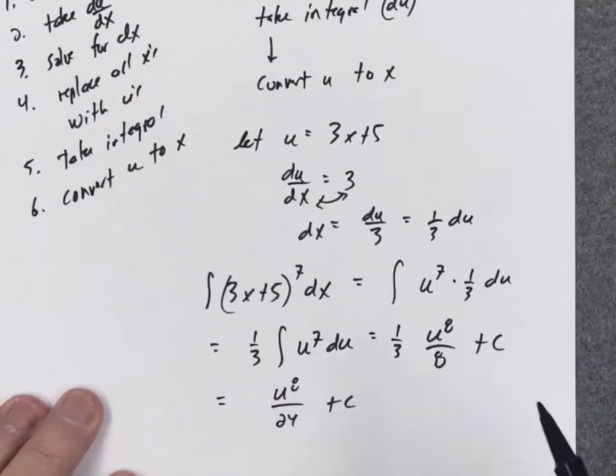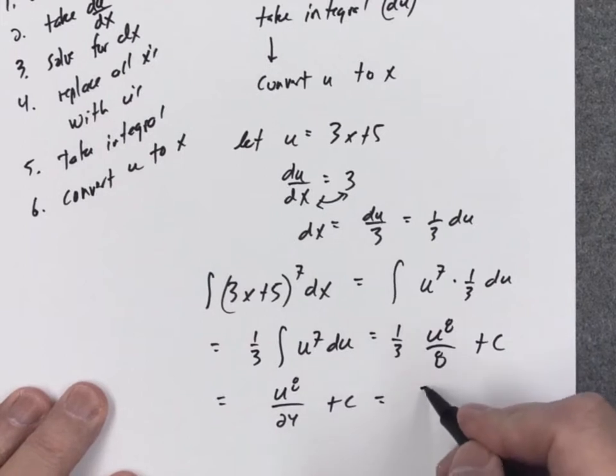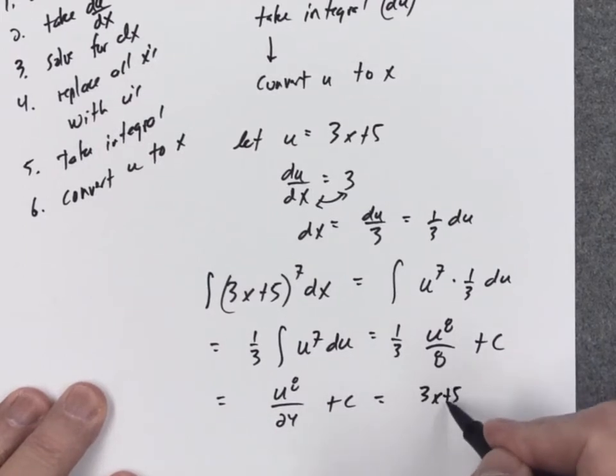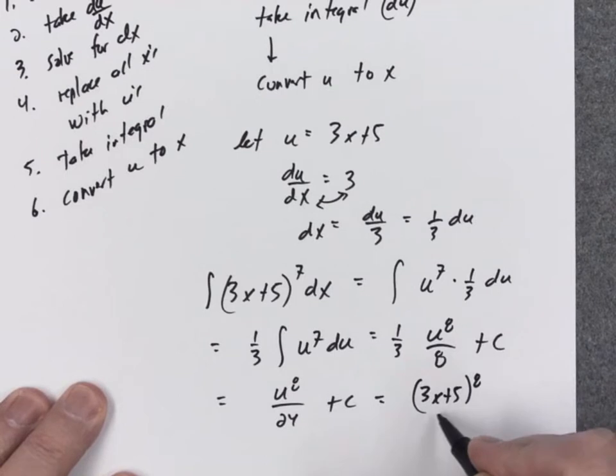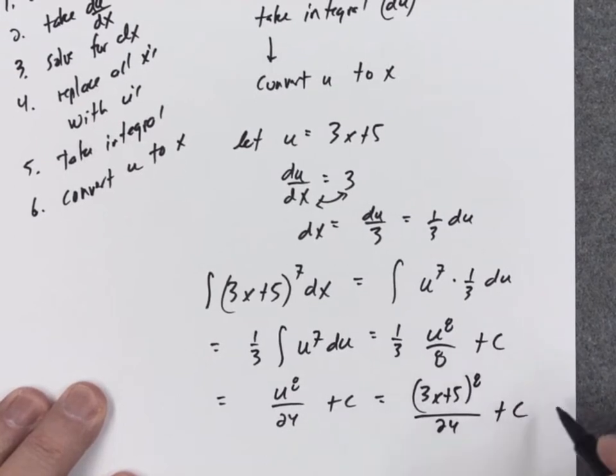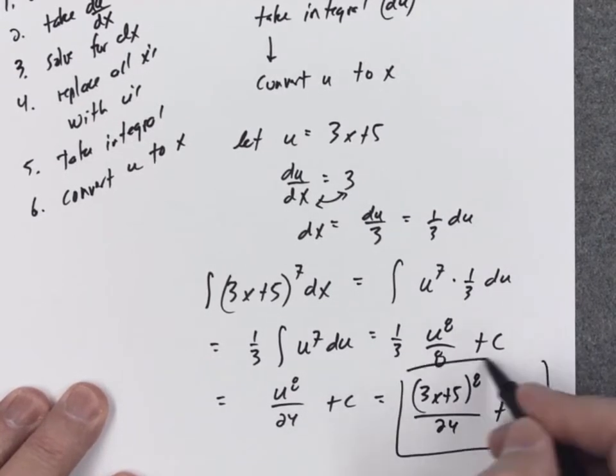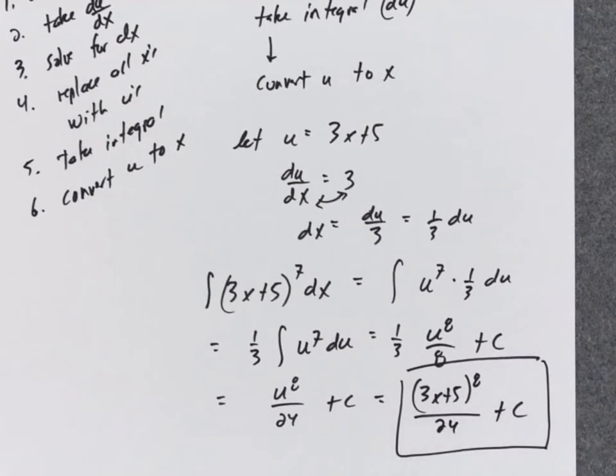Here I've got a u to the 8th. I simply replace that with 3x plus 5. And I've now done the integration. The integral of 3x plus 5 to the 7th dx is this.